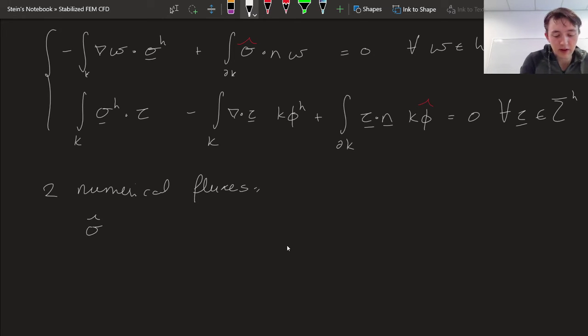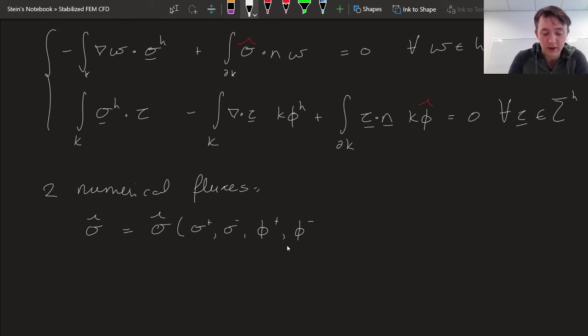We have sigma hat, and just to be clear, in principle, sigma hat is a function of sigma plus, sigma minus, right? The value of sigma on either side. It would also be allowed to be a function of phi on either side, if we want to design a numerical flux like that.